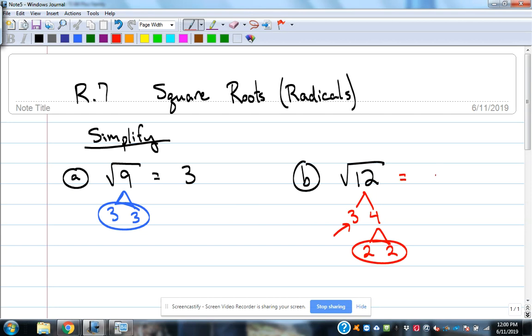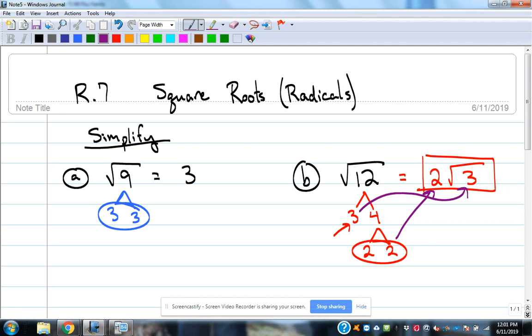So the way that simplifies is you get a 2 on the outside of the square root and a 3 left on the inside. This 2 is from that pair of 2's. That 3 is the 3 that's underneath. It doesn't have a buddy. Okay. Pairs: one representative from each pair goes on the outside.